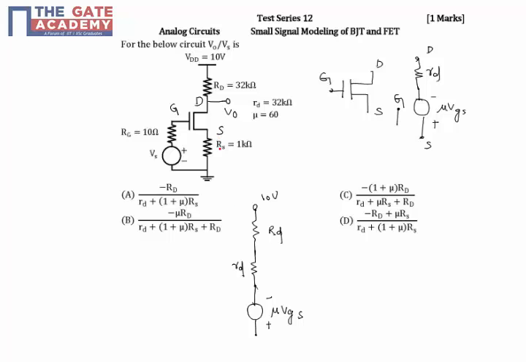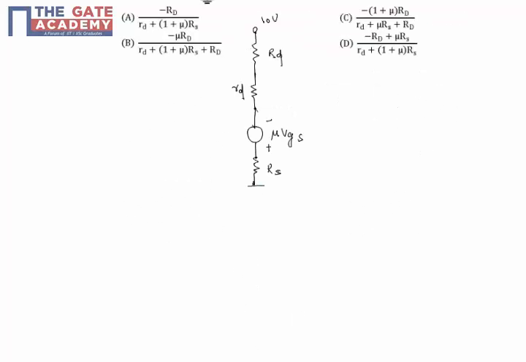After the source you have a resistance of RS. So this is RS, it is connected to ground, and here you have a terminal G which is floating as I have drawn. Then from this G you have RG and you have Vs input. This is connected to ground. Okay, where is the output voltage? This is the output voltage.